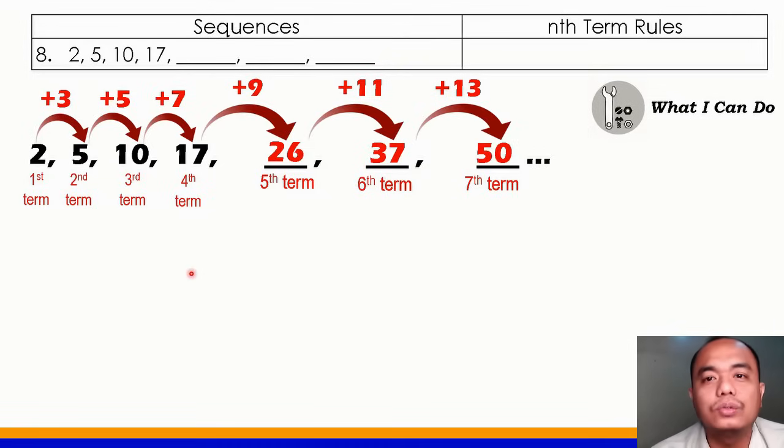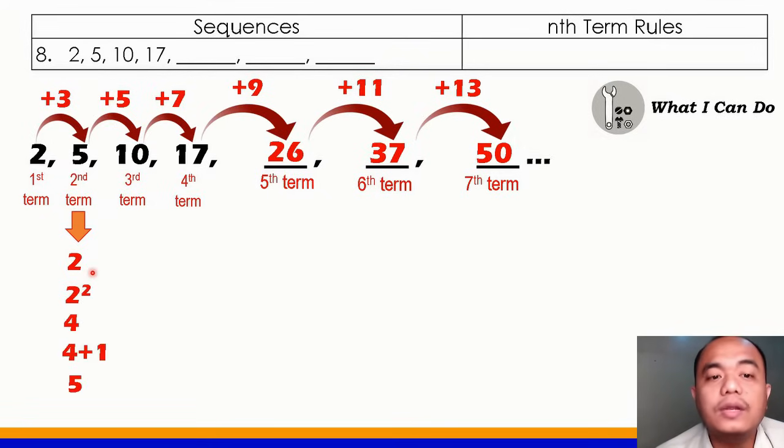So let's now go to formulating the nth term. So let's try to solve the second term. So we have 2. 2 here stands for the nth term, which is second term. Ang goal kasi natin dito, class, is to get 5. At saka gamitin natin yung 2 here as its term number. So, if we try to square 2, that will give you 4. Okay, so how much is needed to get 5? Plus 1, right?